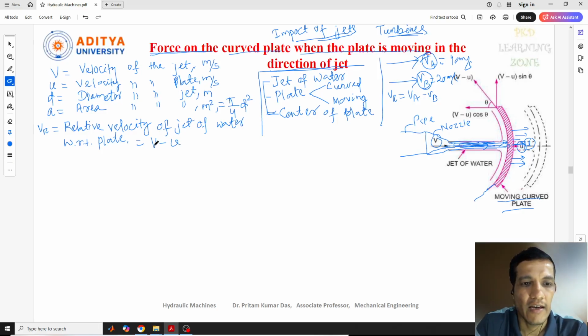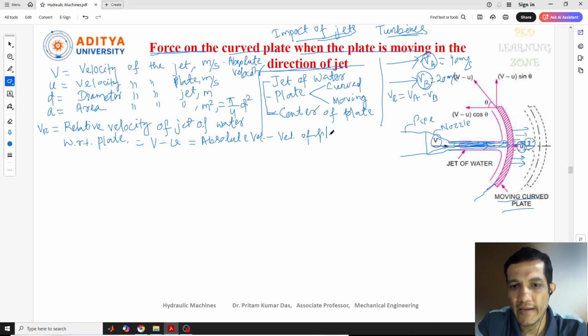Here v is the velocity of the jet, as I told you, which is also called the absolute velocity. So the relative velocity is the absolute velocity minus the velocity of the plate in the direction of the jet.